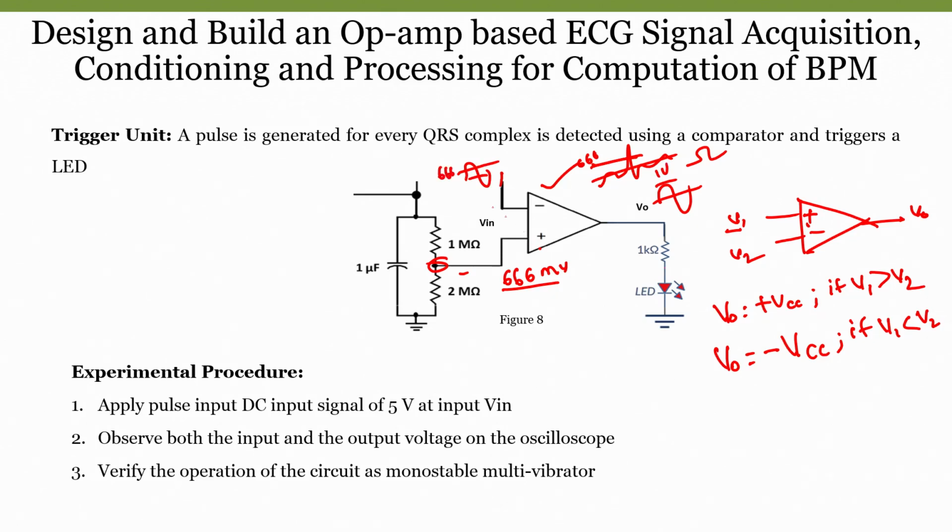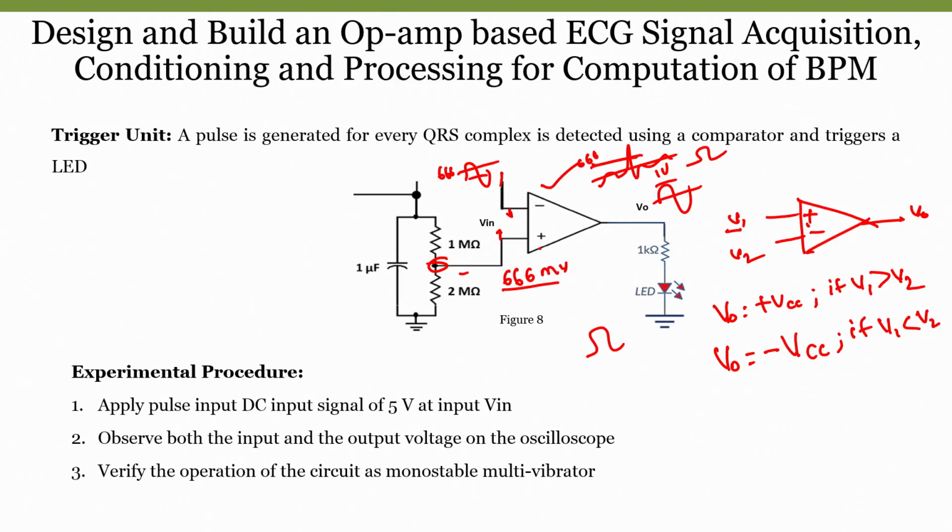Now, this is positive, right? In order for V naught to be plus VCC, the input has to be lower than the threshold in this case. Suppose the input is 0.5 volts, V1, so we are taking V1 as positive, V1 will be higher and this value will be lower. As a result, V out will be plus VCC. So, that is the reason.